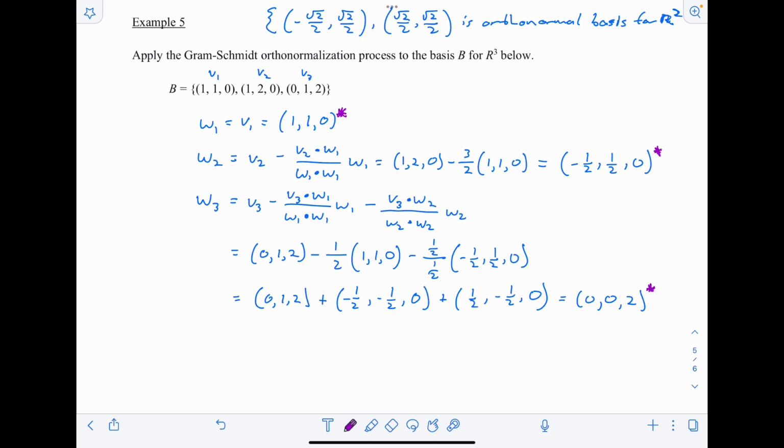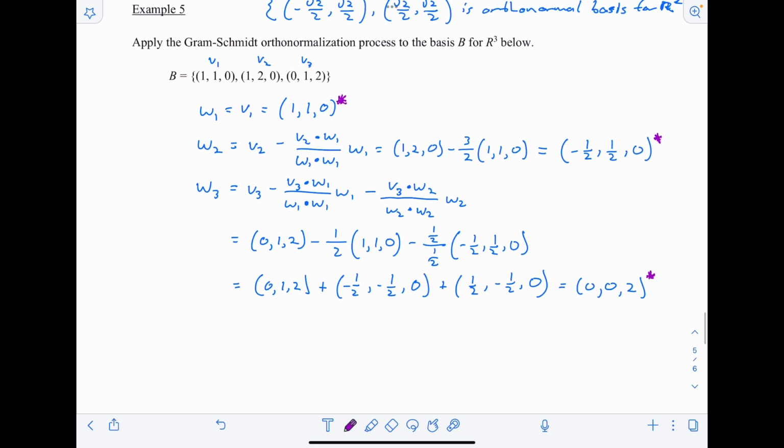And at that point, honestly, that's where we introduce technology. Even R3 is probably a little bit of a stretch, but I certainly wouldn't want to do R4 by hand. I would turn to technology to do that.